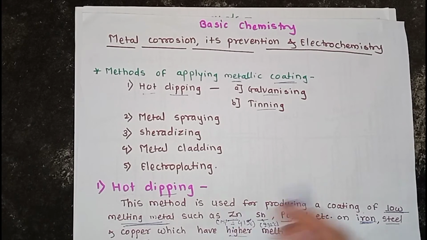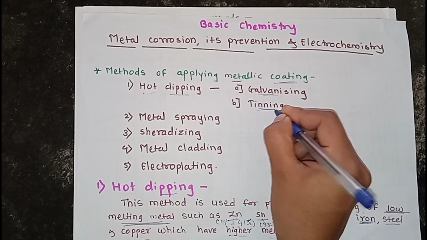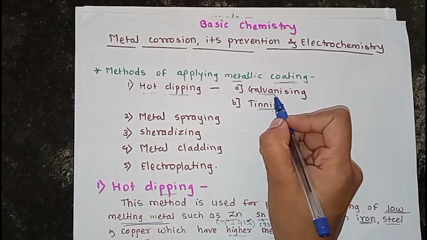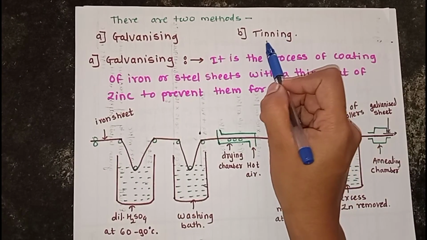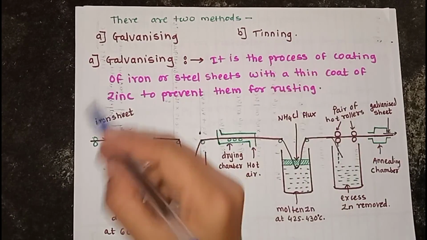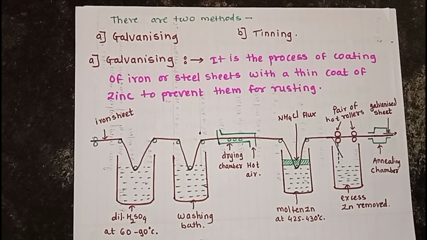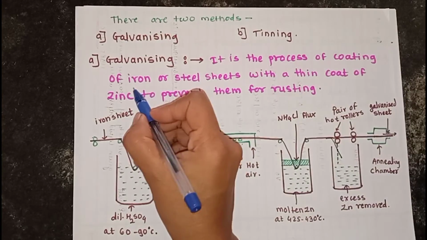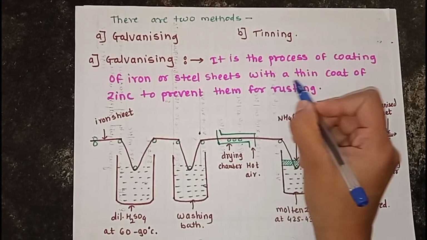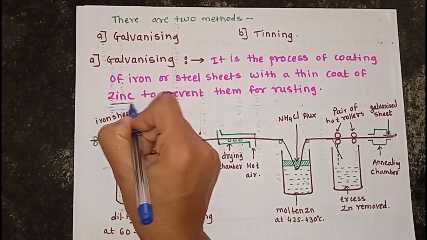The hot dipping method is of two types: the first type is galvanizing and the second type is the tinning process. Let's discuss the galvanizing process. Galvanizing means coating of iron or steel sheets with a thin coat of zinc.